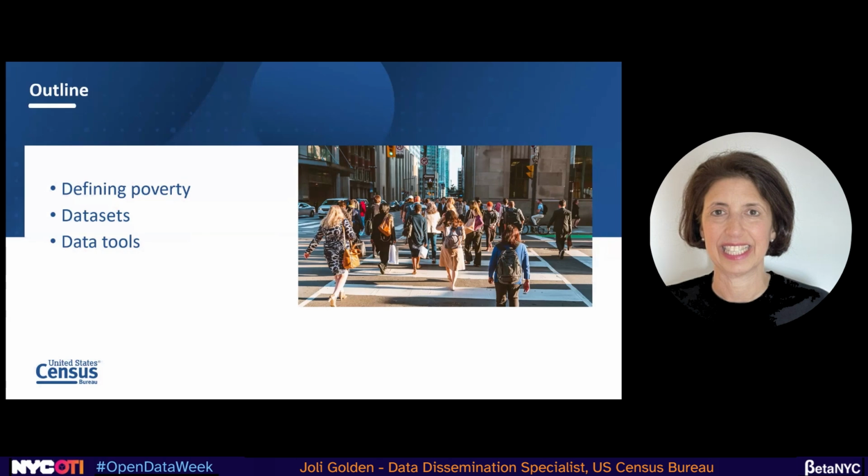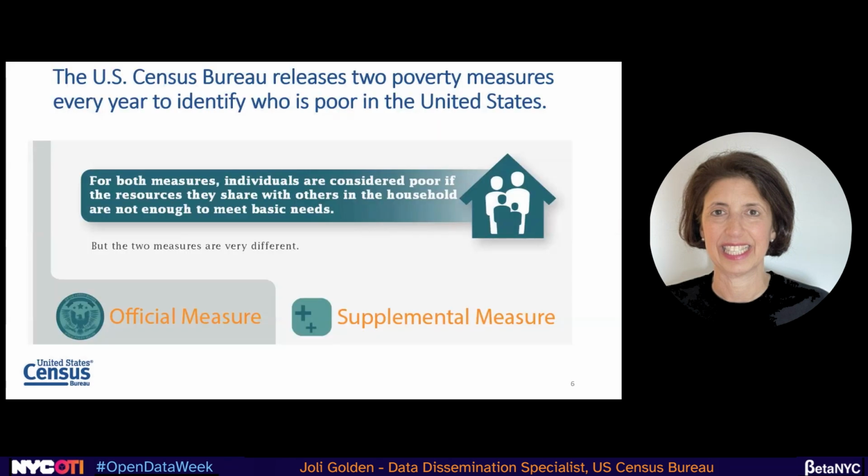So here we go. Each year, the Census Bureau releases 2 poverty measures to identify who is poor in the United States. For both measures, individuals are considered poor if the resources they share with others in the household are not enough to meet basic needs. So 2 measures, the official poverty measure and the supplemental poverty measure, but they're both very different.